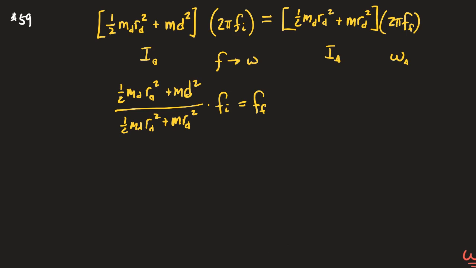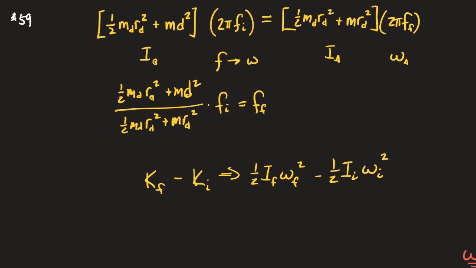Then, if we go on, it says, determine the change of kinetic energy in going from the initial to the final situation. Okay. Change. K final minus K initial. 1/2 I final omega final squared minus 1/2 I initial omega initial squared. Now this is going to look messy.